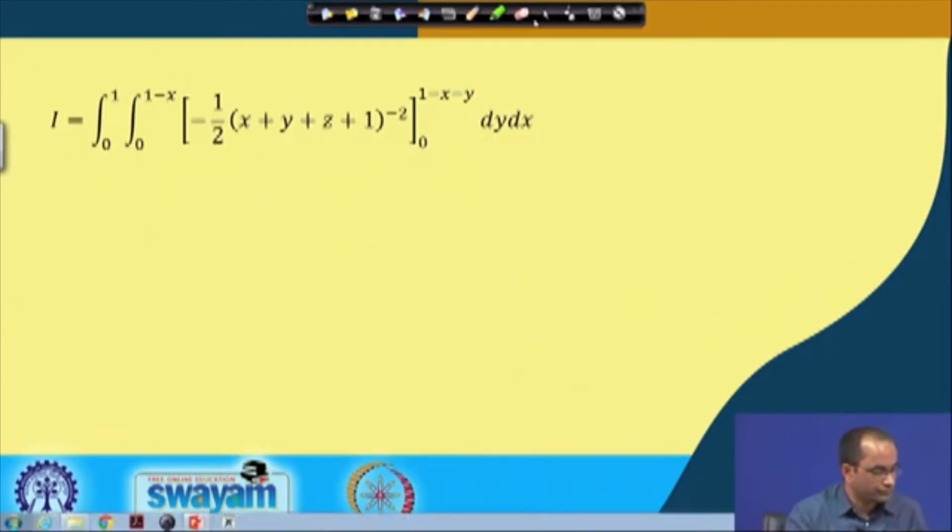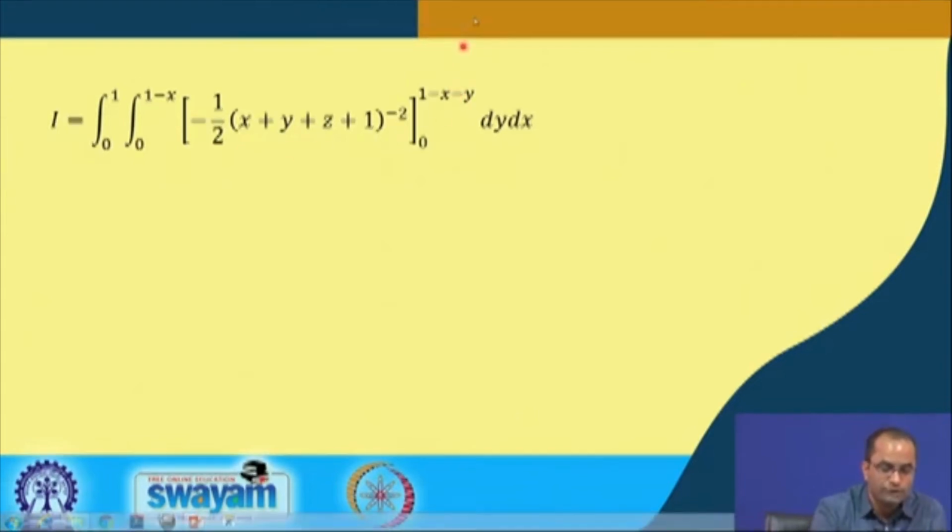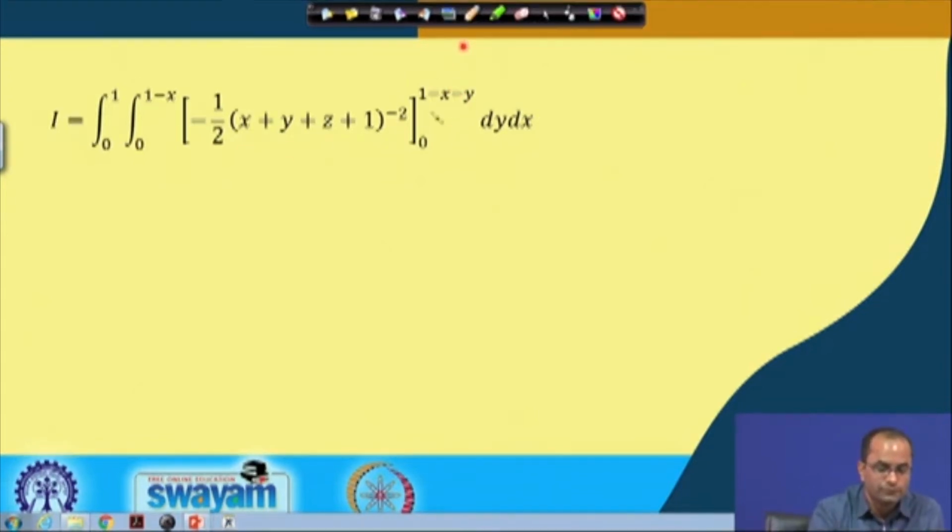Once we put the upper limit here with respect to z, we get the minus 1 by 2 outside here. When we put z equal to 1 minus x minus y, y and x will cancel and the 1 will add.